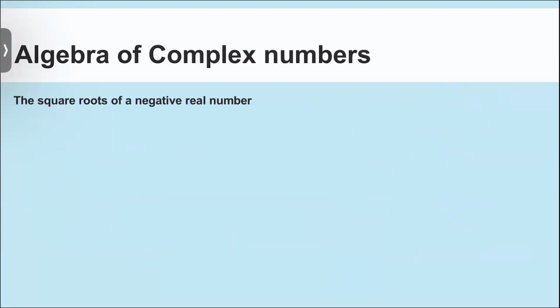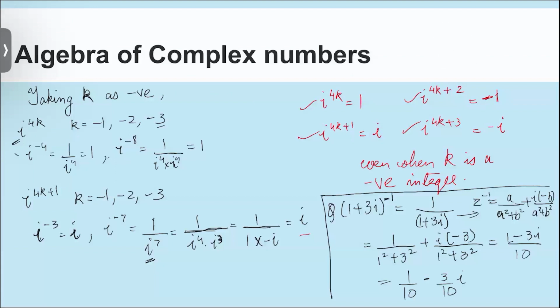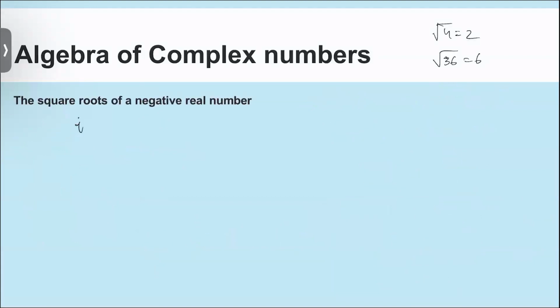So let's now go on to understand square roots of negative real numbers. We know very easily, square root of 4 is equal to 2, square root of 36 is equal to 6. But when we started understanding complex numbers, the first rule that we presented is that i is equal to square root of minus 1.